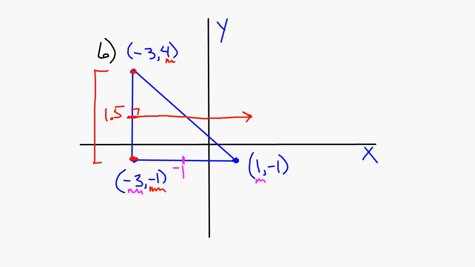That would be half of this side. If you draw a vertical line right there, these two perpendicular bisectors meet right there. That point is at -1 on the x-axis and at 1.5 on the y-axis. That's where your circumcenter is.